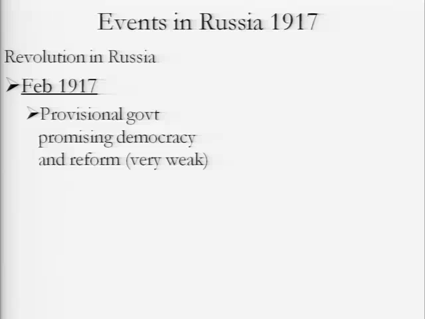But this provisional government is incredibly weak. They're barely hanging on. Now, they are promising democracy, or at least some democratic aspects. They're promising real reform, but after the war. They are still advocating staying in this war. Makes them very unpopular with the average Russian citizen.